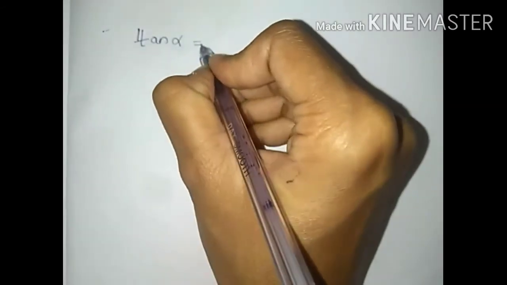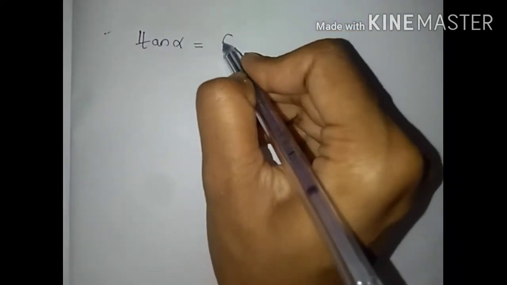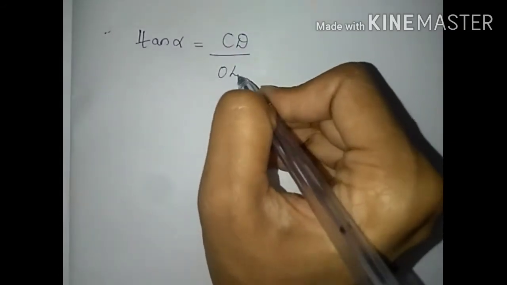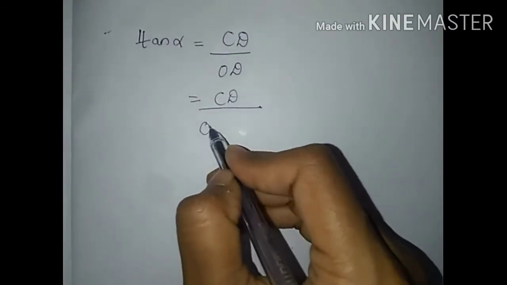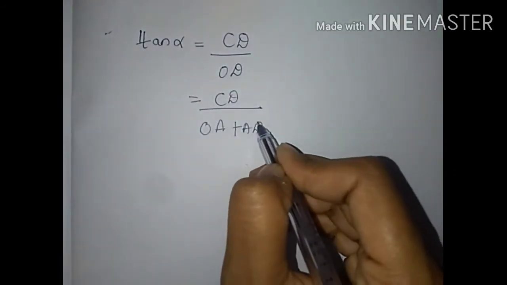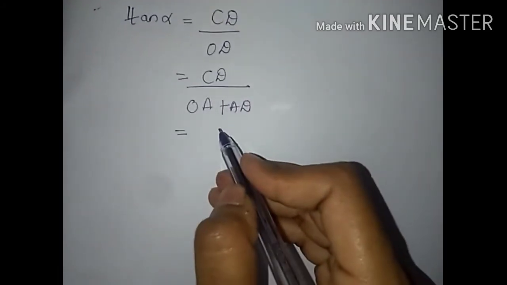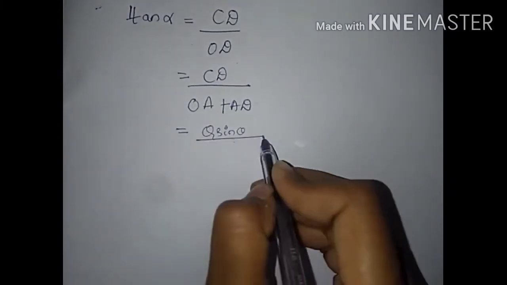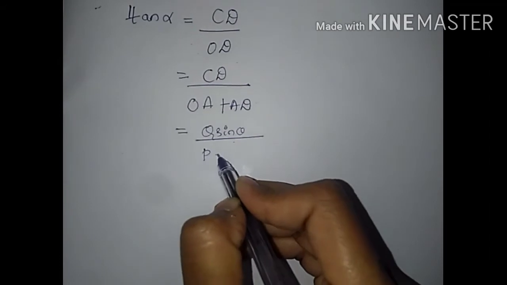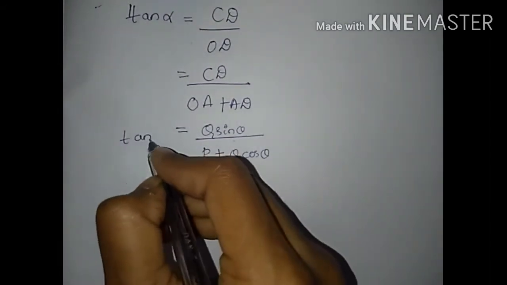So tan alpha is equal to CD divided by OD, and OD can be written as OA plus AD. From equations 2 and 3 we know CD: it is Q sin theta, divided by OA, which is P, plus Q cos theta. So this is tan alpha.